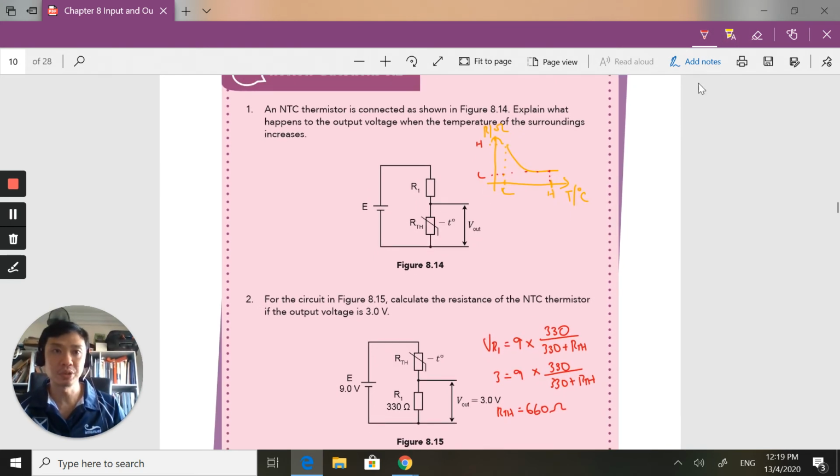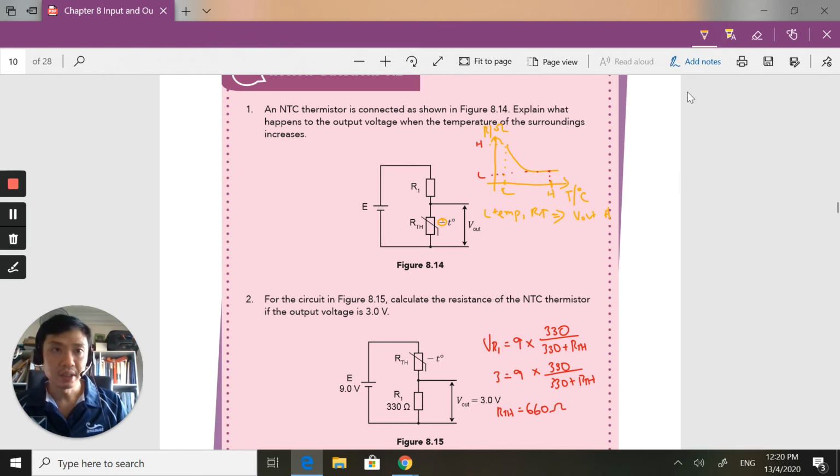Now, the first thing that I'm going to do is, of course, draw a resistance temperature graph. And I realize that since this is an NTC thermistor, at low temperatures, I'm going to have a high resistance. So at low temp, the resistance is going to be high, and this means that the V out is going to be high.